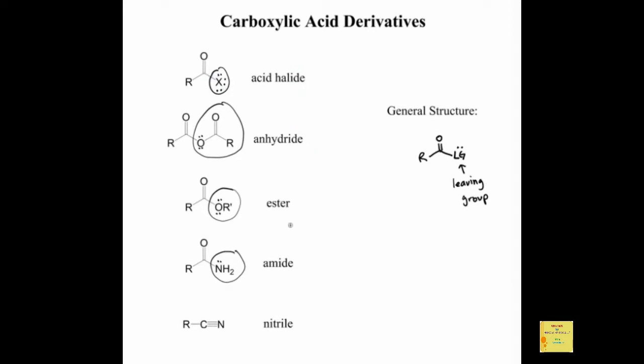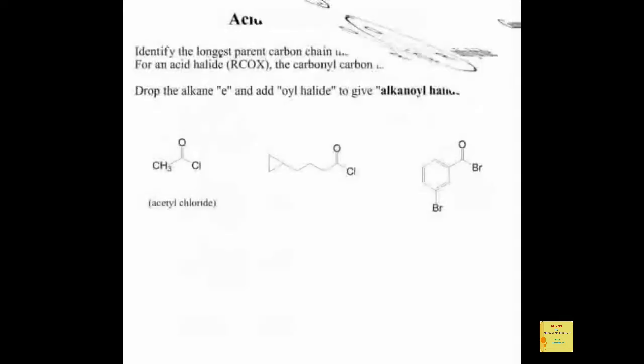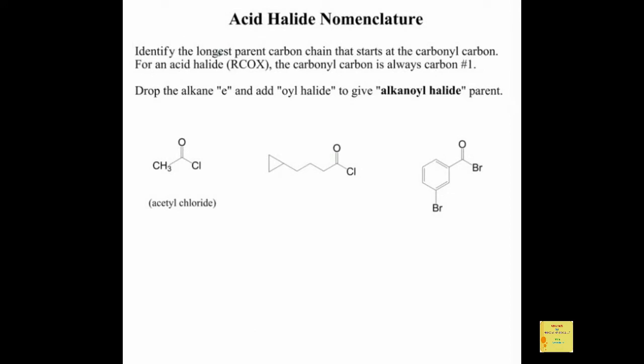Okay, so one by one, we'll go through the nomenclature for these, but I just wanted to put it in context, showing you that each of these is related to the parent carboxylic acid. Because if you know how to name the parent carboxylic acid to which these are all related, then it's going to be a little easier to name the particular derivative we're looking at. So we'll start with an acid halide.